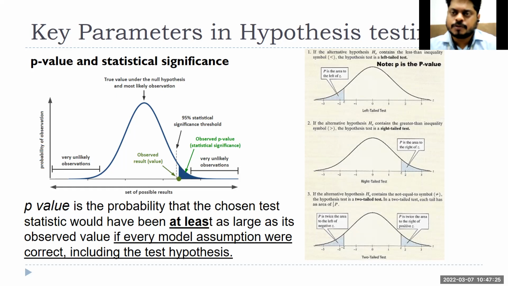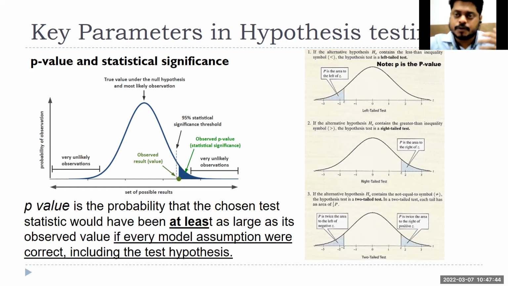It is less than or equal to 20 lakhs. But let's say you get a probability of 0.03, 0.02, that means 2% only. That means the null hypothesis being correct is only 2%, right? Then the probability is very less. Then you will go by the alternate hypothesis.